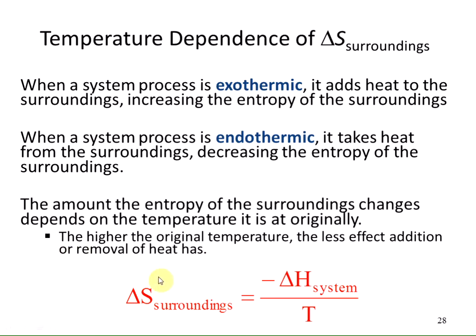And the amount the entropy of the surroundings changes depends upon the temperature it is at originally. So this T in this equation represents the original temperature. And the higher the original temperature, the less effect addition or removal of heat has. Because temperature is in the denominator, increasing the temperature is going to have a smaller change on the entropy of the surroundings.